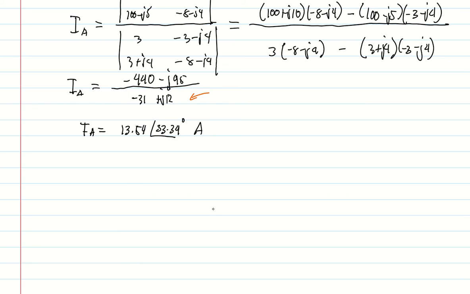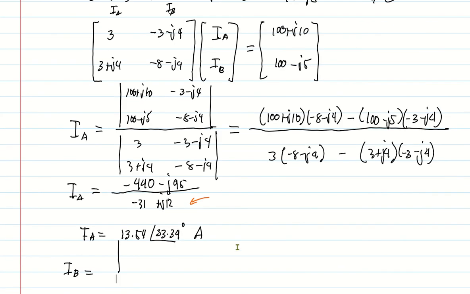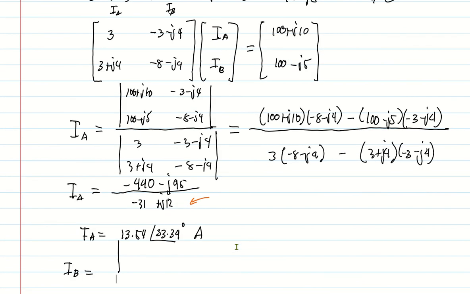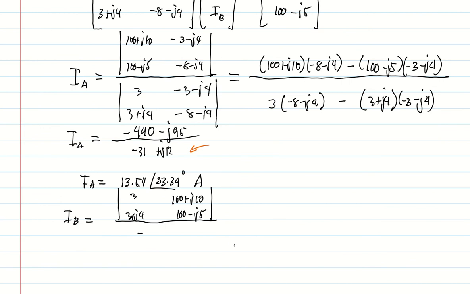Next, for the other loop current, IB, we repeat the process again, but this time, for the numerator, we change the second column because we're solving for IB. So we copy the first one, 3 plus 3 and 3 plus j4, and we change this one with the constants 100 plus j10 and 100 minus j5. Then for the denominator, it's the same, negative 31 plus j12.